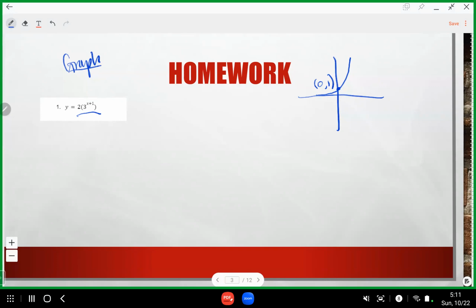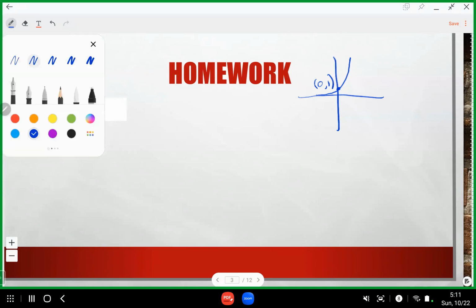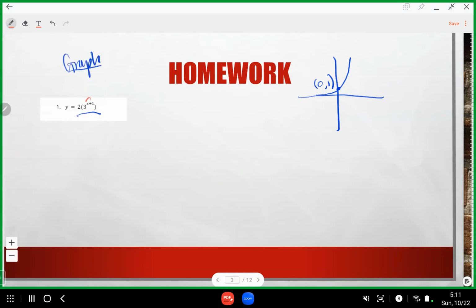All right, so to find where this new reference point is, we have to do a couple of things. One of those is to find when this exponent is equal to 0. You see this exponent right here? To find the new x coordinate of the reference point, which is basically how you graph it, you have to set this equal to 0.